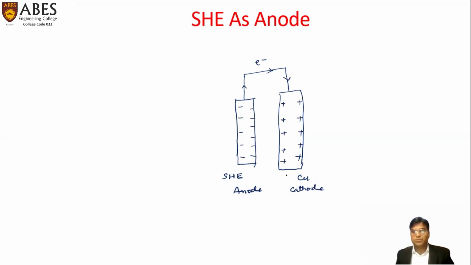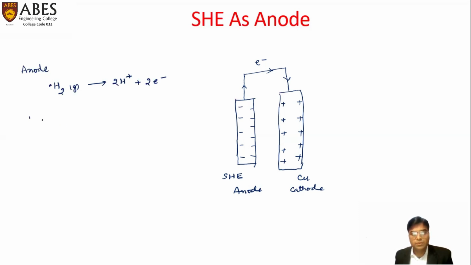The reactions associated with both electrodes can be shown as follows. Anode, which is the standard hydrogen electrode: here, oxidation occurs. So hydrogen gas is converting to the H plus ions, giving off 2 electrons.